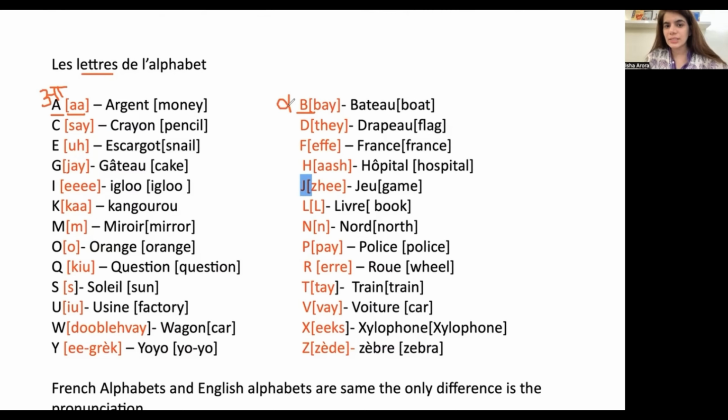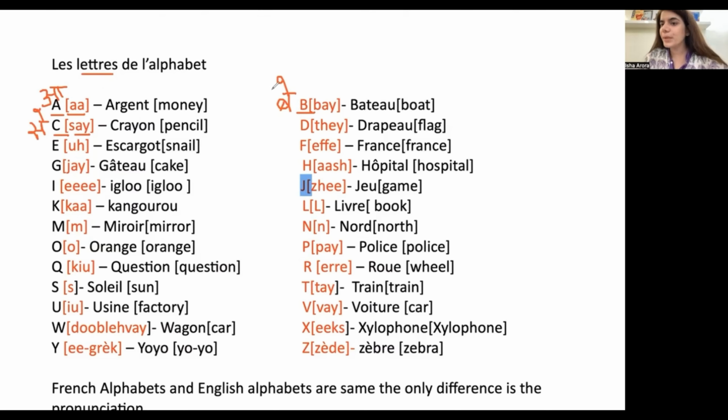Let me write the pronunciation for you so that it's easier to understand in Hindi. B, B, B. Now, C, C, C. Répétez après moi.